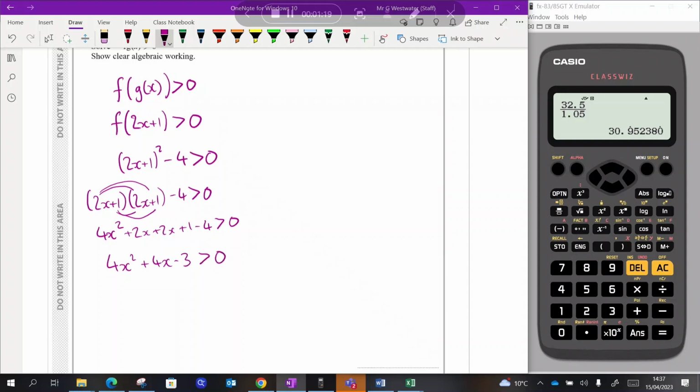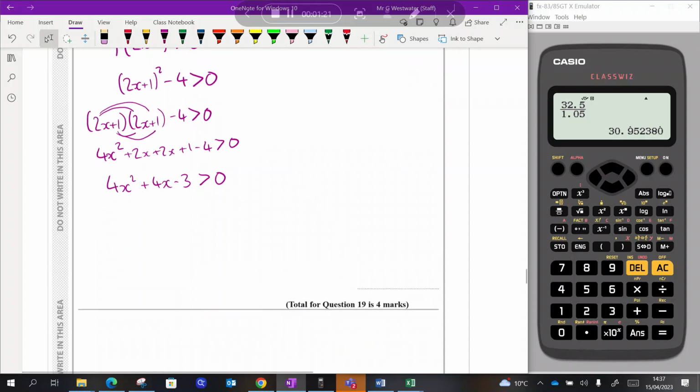Now this is a quadratic inequality, so we need to solve it in the same way as if it were equaling 0. You can either use the quadratic formula, or you can factorise. I've seen how this can factorise, so 2x, 2x, and I want plus 3 minus 2 to get that 4x in the middle.